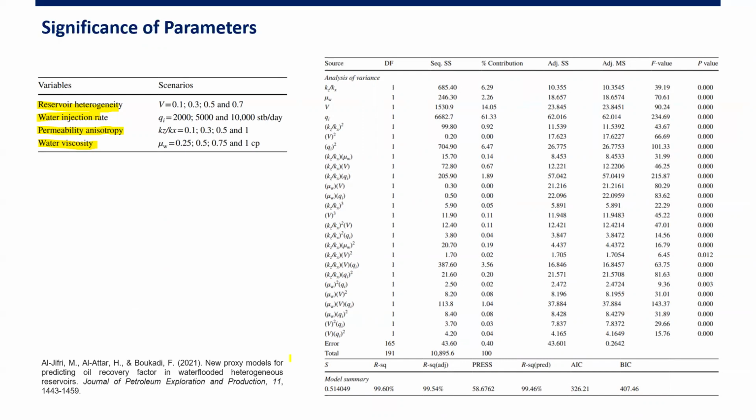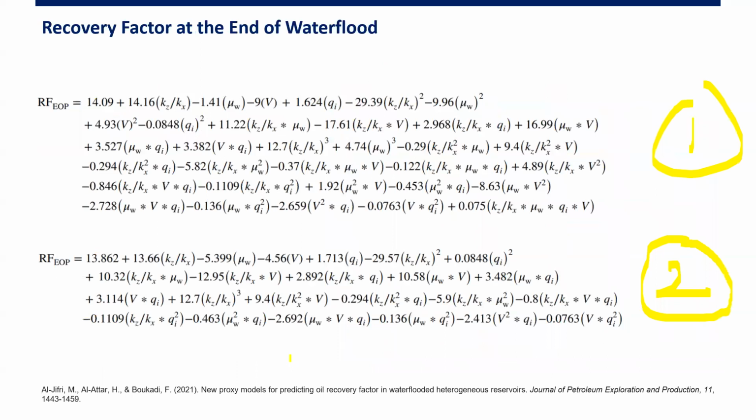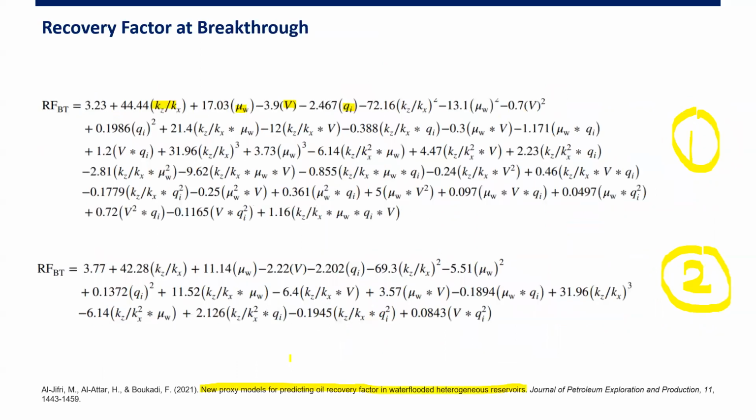But in my opinion, you can still safely use these correlations for benchmarking purposes. Of course, you need to compare them with results from other approaches, methods, and empirical correlations. I think that's it. It's a very good thing for us to have new correlations to predict the recovery factor.